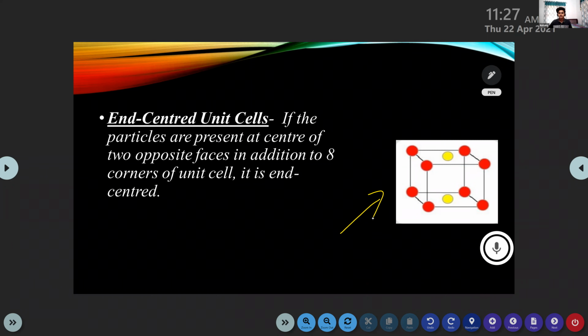Two, upper and bottom. Okay, that means 2 opposite faces. Along with 8 corners, 2 opposite face centers are also occupied by this particle. It is known as end-centered unit cell. If the particles are present at the center of 2 opposite faces, in addition to 8 corners of the unit cell, it is end-centered.